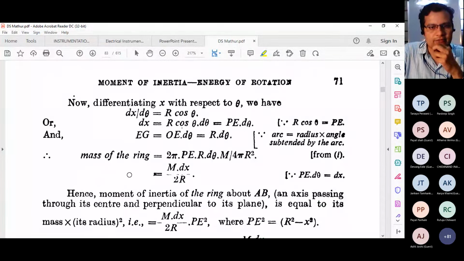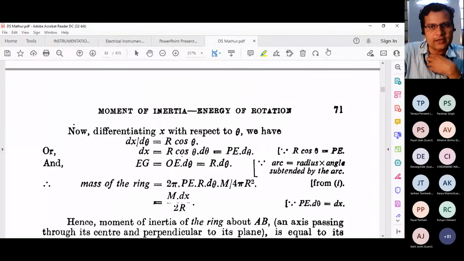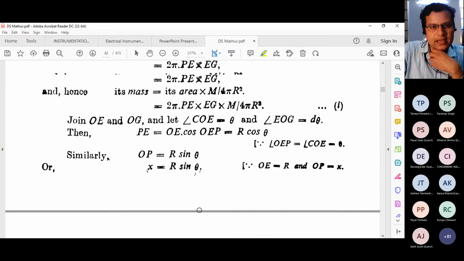Okay, now you write down the formula for the mass of the ring. The mass of the ring you got as 2 pi PE EG into M by 4 pi R square. So all those geometrical relationships give me the value of OE, PE and EG.